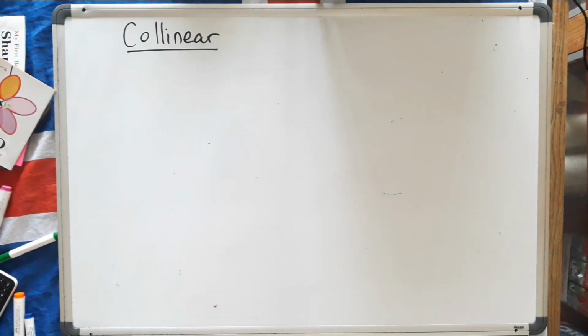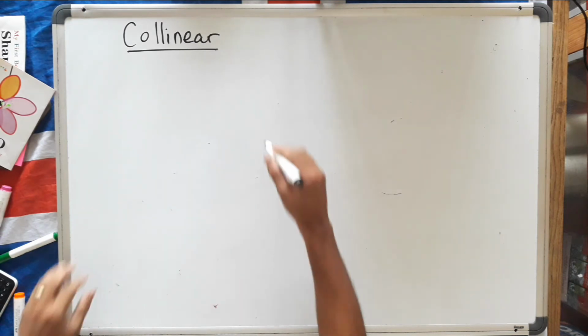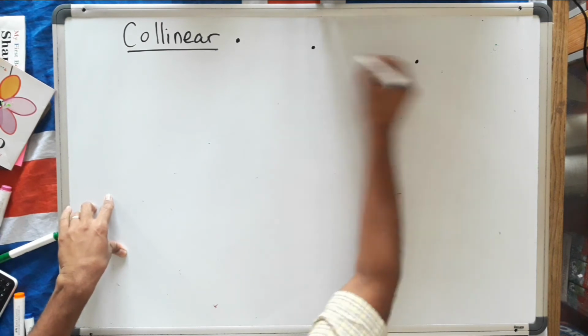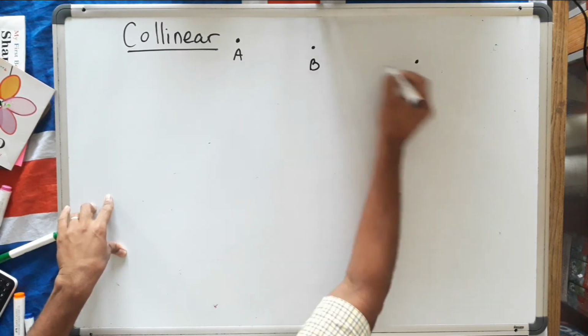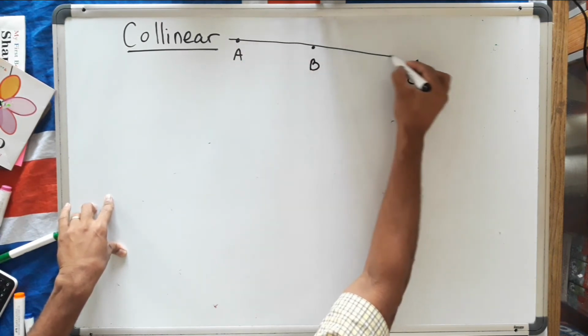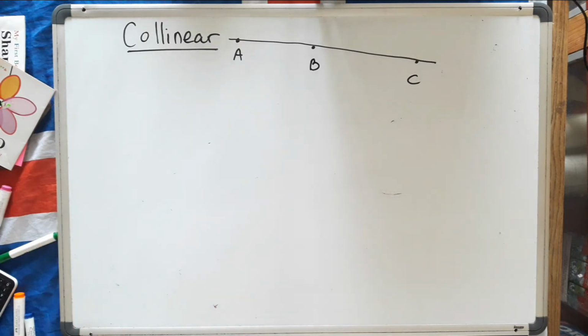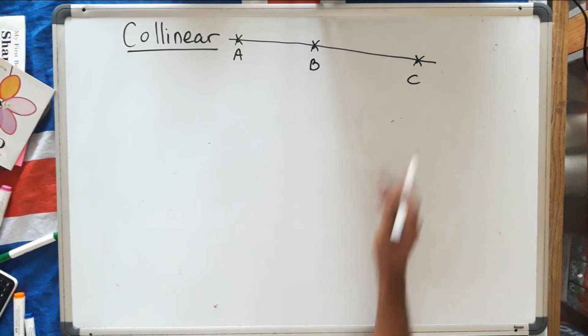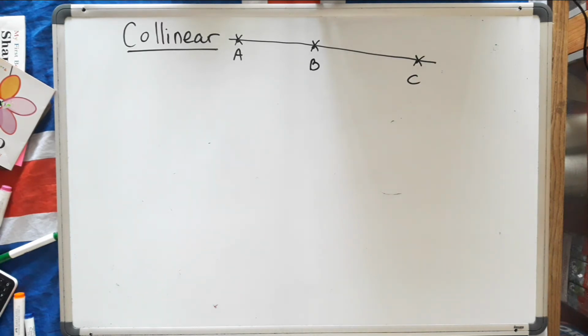So I'm guessing I should explain what collinear means, right? So collinear just means a straight line. For example, if I have 3 points, A, B, and C. If I were to draw a line through all 3 points, they would form a perfect straight line. So I would say A, B, and C are collinear.